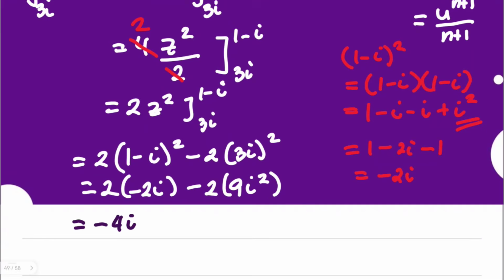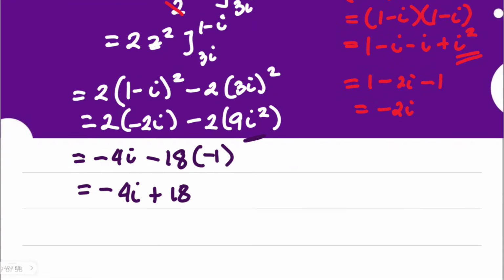Then you will have here minus 18 times negative 1, because that is actually its form, right? 2 times 9 is 18, times negative 1, which would give us the final answer of negative 4i plus 18, or rearranging it in the way of writing complex numbers starting with the real part, 18 minus 4i.